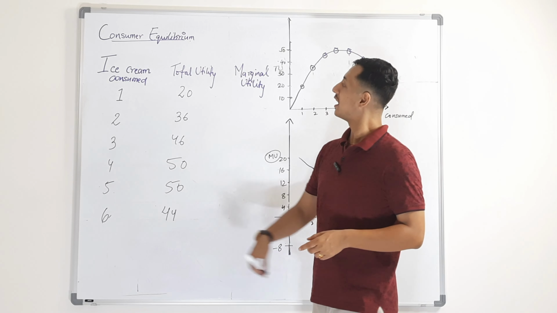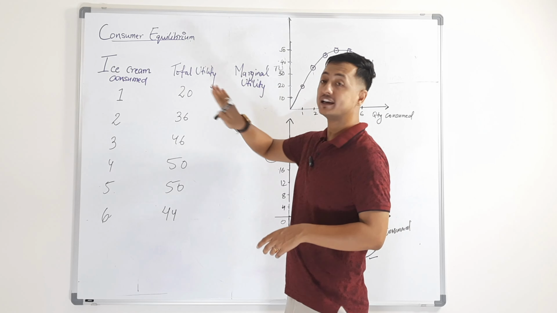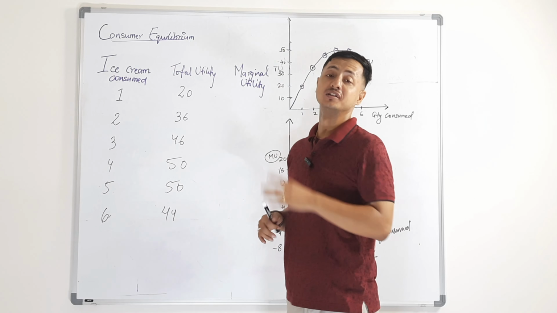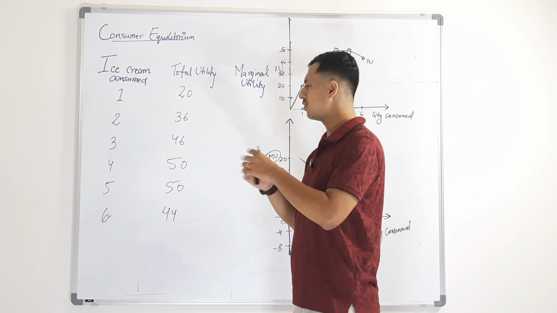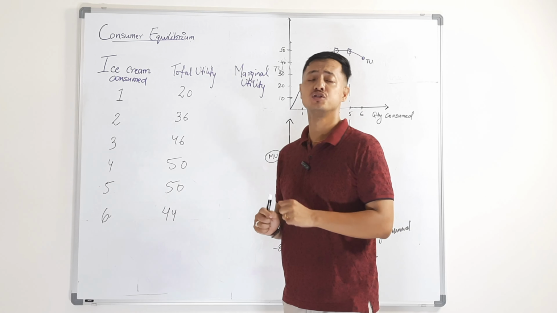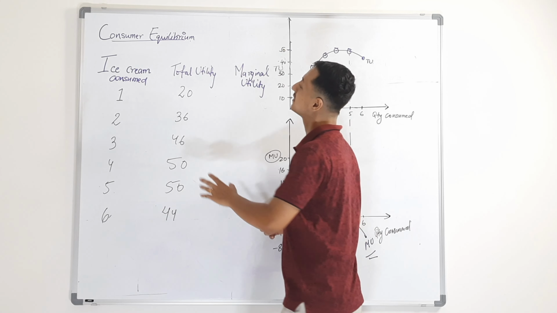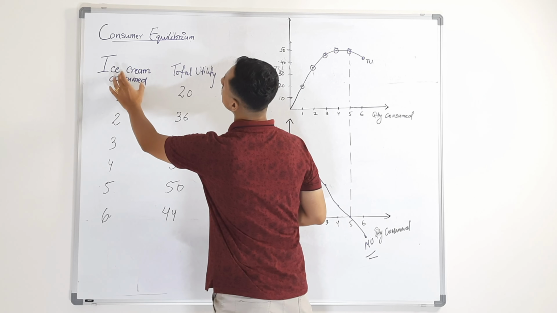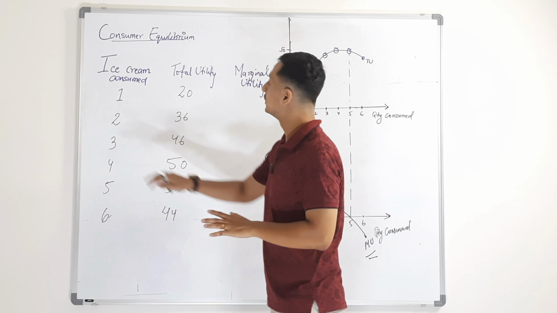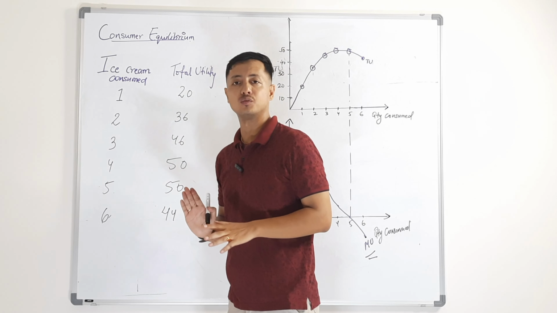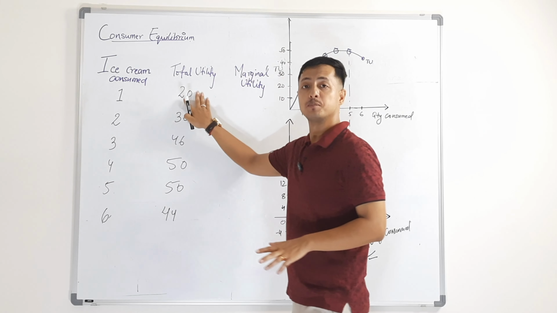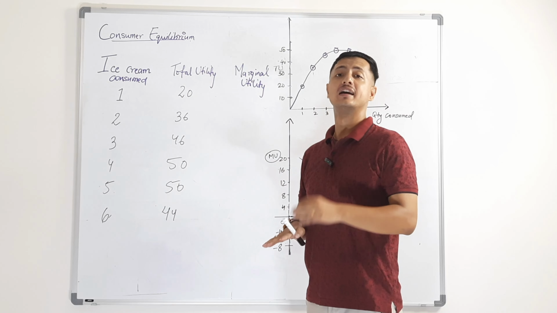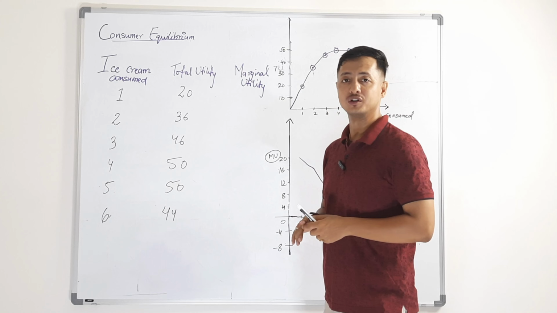Okay, so as we all know, the total utility is the satisfaction derived from all the possible commodities that you have consumed. So let's say a person consumes ice cream. The first ice cream, when he or she consumes, the person gets 20 utils of total utility.